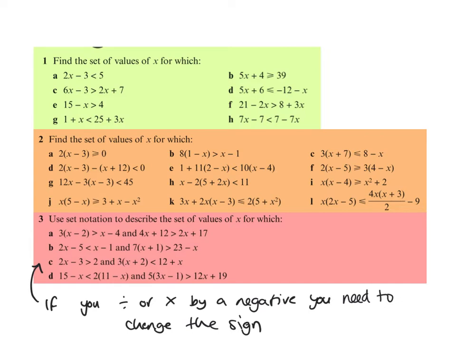Okay, so 2e, I've got 1 plus 22 minus 11x is less than 10x minus 40. So I'm going to get 23 minus 11x is less than 10x minus 40. Then I could have 63 is less than 21x.